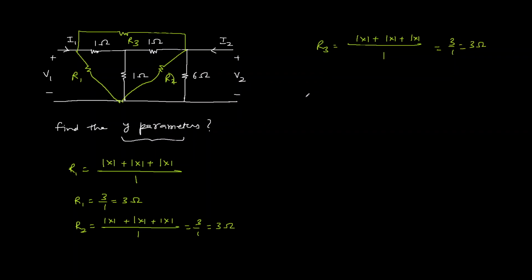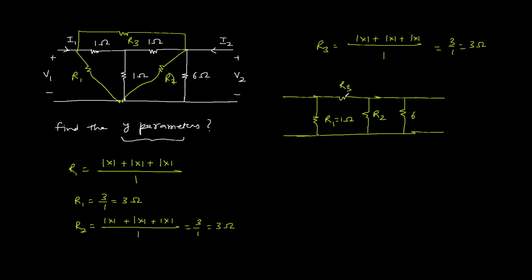Let's rewrite this circuit. This is R3, this is R1, this is R2, and the 6 ohm is connected in parallel with R2. This one is 1 ohm, this is 3 ohm, this is also 3 ohm, R2 is also 3 ohm.